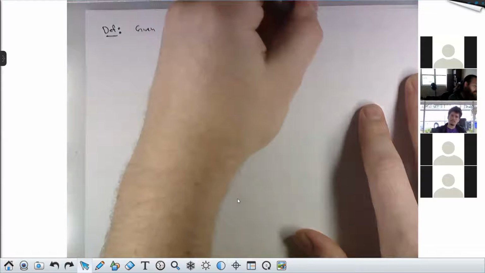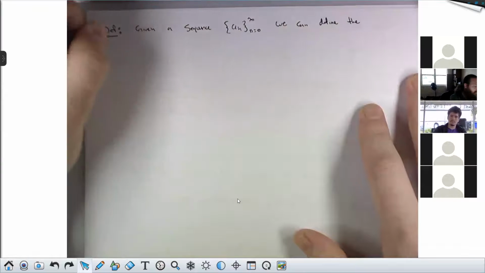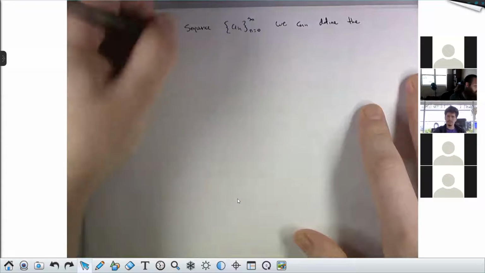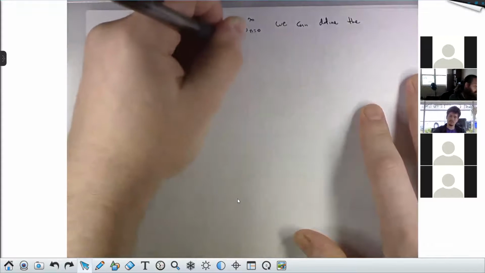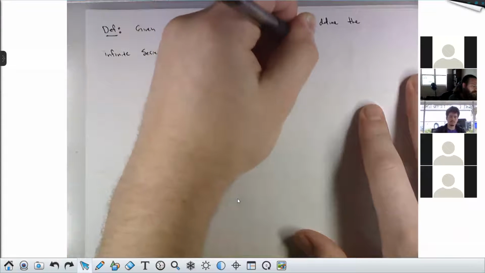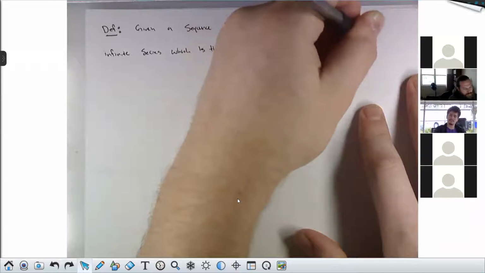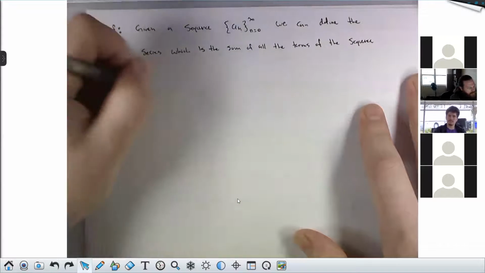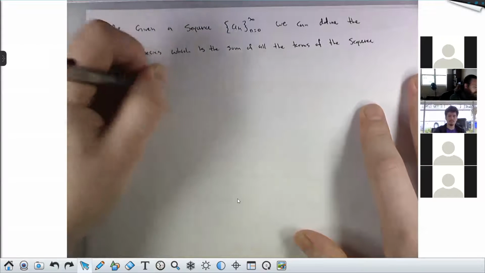Given a sequence, we can define the infinite series, which is the sum of all the terms of the sequence, as sigma n from 1 to infinity of a n.